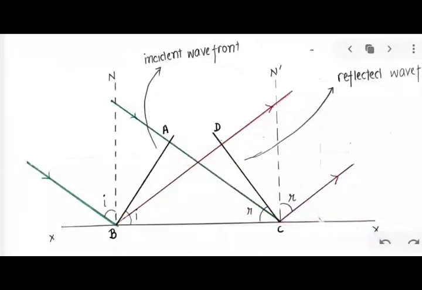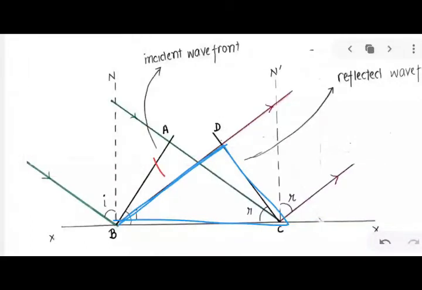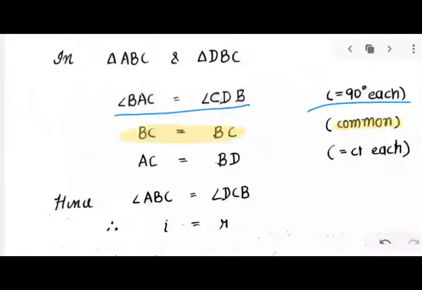Similarly, in triangle BDC, this side BD is also equal to ct. C is again the speed at which the light travels and t is the time taken for B to reach the point D. So I can write AC equals BD because both of them equal ct.